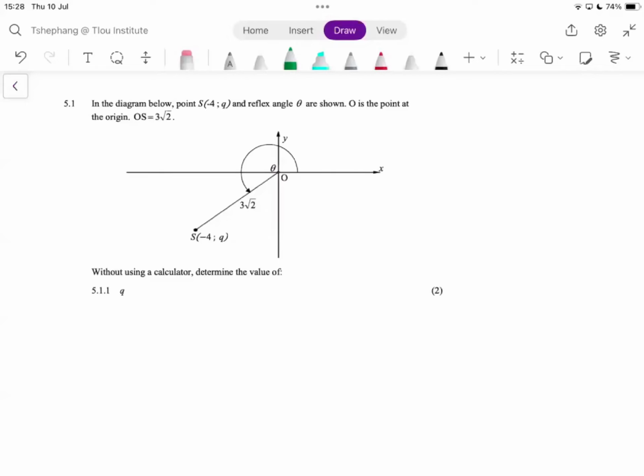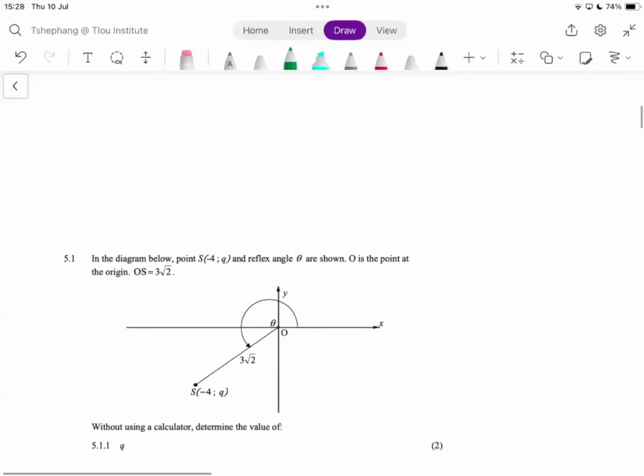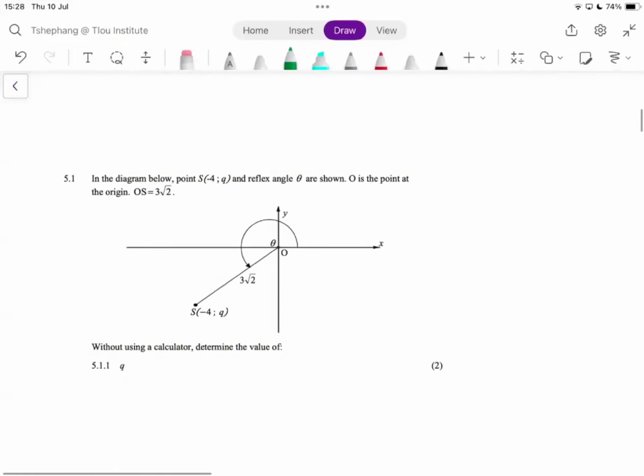That is the length of OS. Without using a calculator, right? That's very important. Without using a calculator, they will ask you these kind of questions where they want you to just solve them without relying on a calculator. It shouldn't be too much of a challenge for you guys.